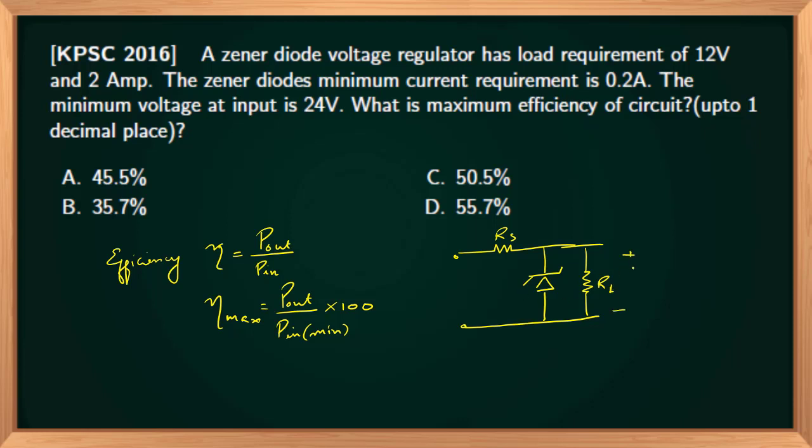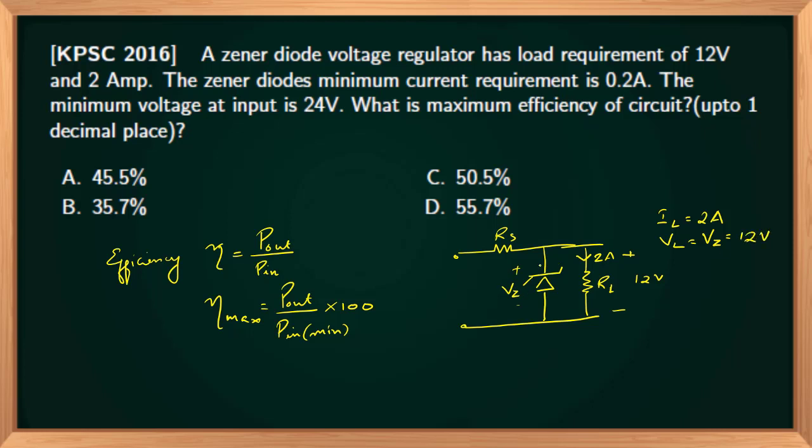So output voltage is 12 volt, load requirement is 12 volt, with the load current equal to 2 ampere. So IL equal to 2 ampere and VL equal to VZ, thus load voltage equals voltage across the Zener diode, that is equal to 12 volt.